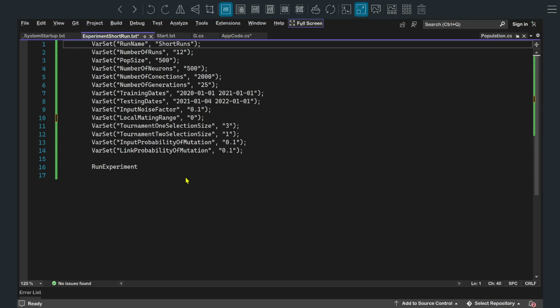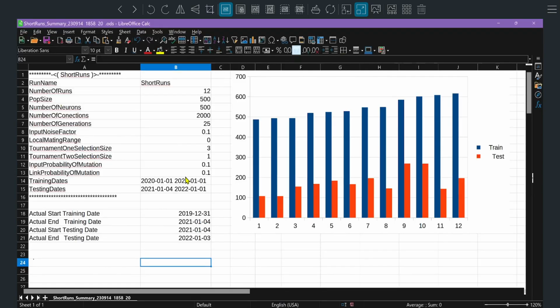So the results from this particular run: here you see the training data, and it's been sorted by run. There were 12 runs, and I sorted it from worst to best.